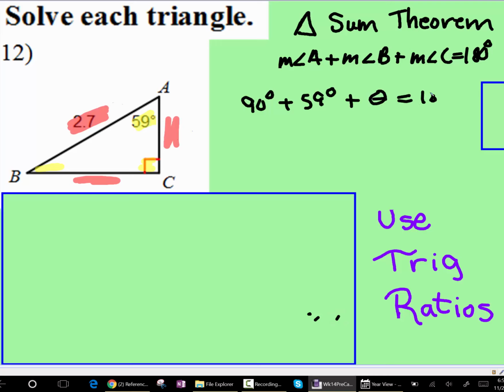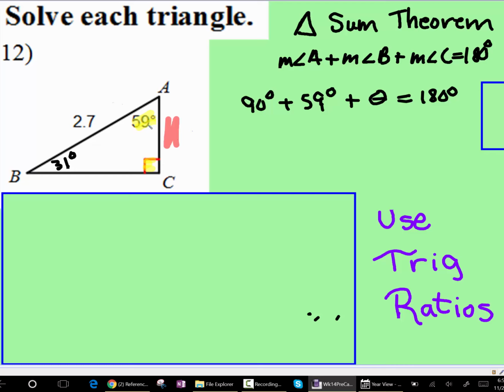All of those add up to 180 degrees. When you subtract 59 and subtract 90 from both sides, you're going to find out that theta is 31 degrees.